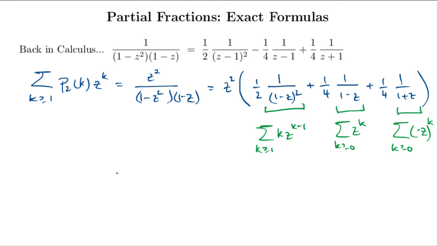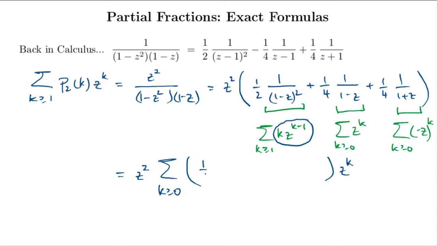Okay, so let's put this all together. So I would like to write this as one formal power series. So I have a z to the k. So what I will have to do is adjust my summation index for the first series.